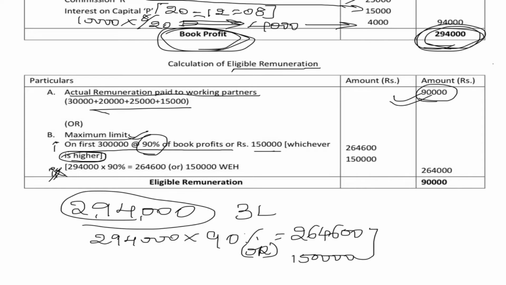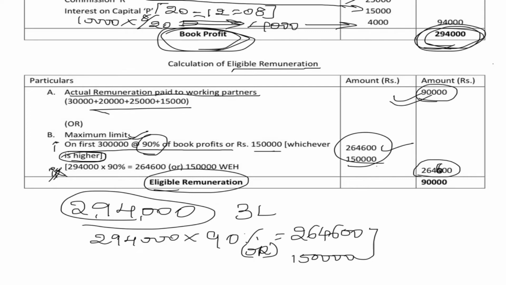The higher value will be considered for the purpose of calculation. So between 2,64,600 and 1,50,000, 2,64,600 is the higher value. So you will consider 2,64,600 here. The eligible remuneration is the lower value of actual remuneration or maximum limit.